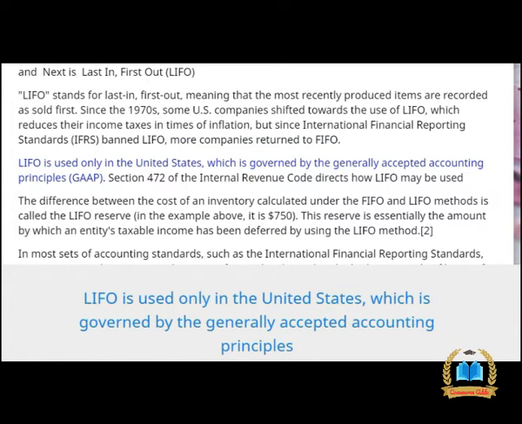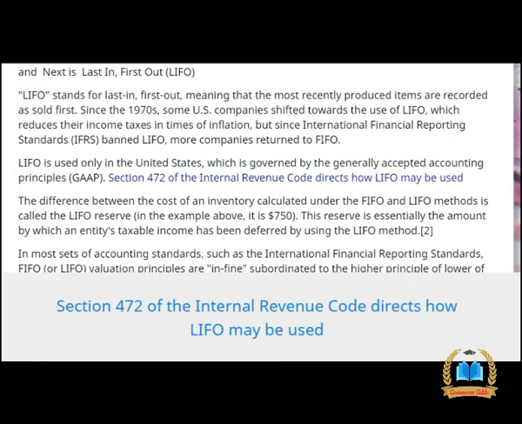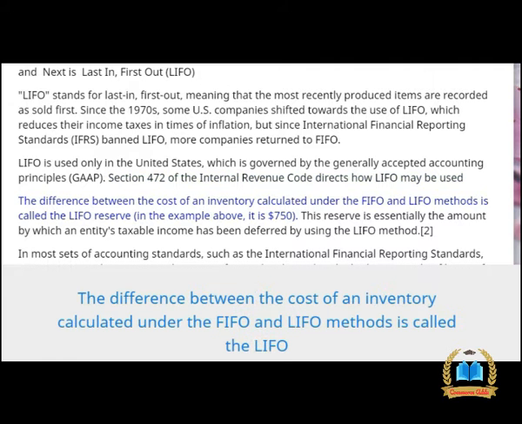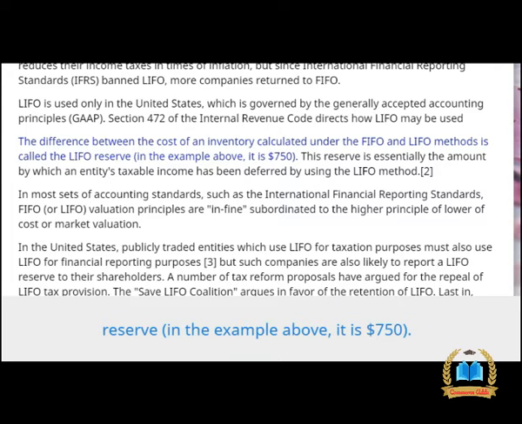LIFO is used only in the United States, which is governed by the Generally Accepted Accounting Principles, GAAP. Section 472 of the Internal Revenue Code directs how LIFO may be used. The difference between the cost of an inventory calculated under the FIFO and LIFO methods is called the LIFO reserve. In the example above, it is $750.